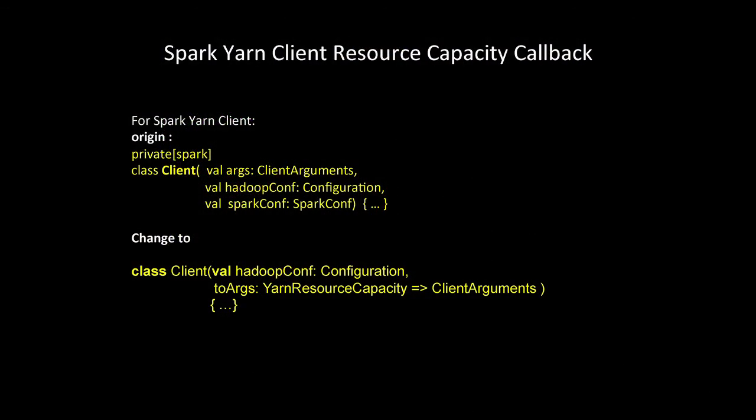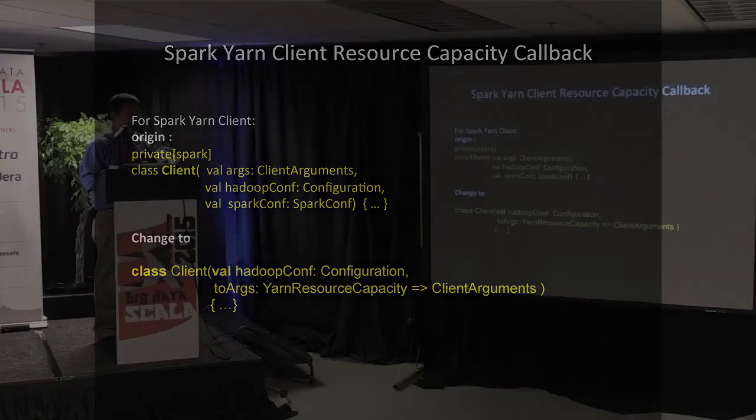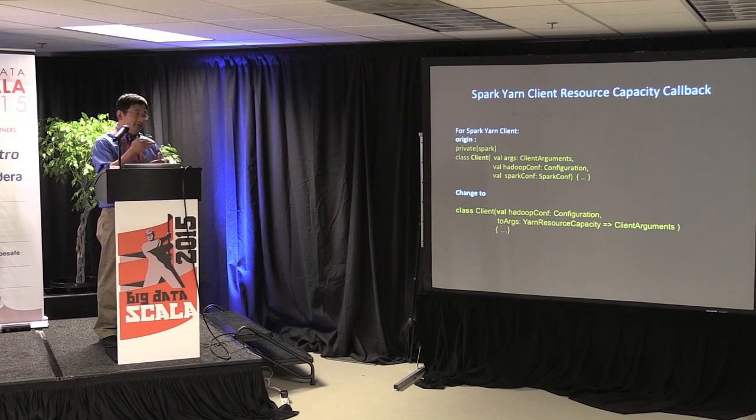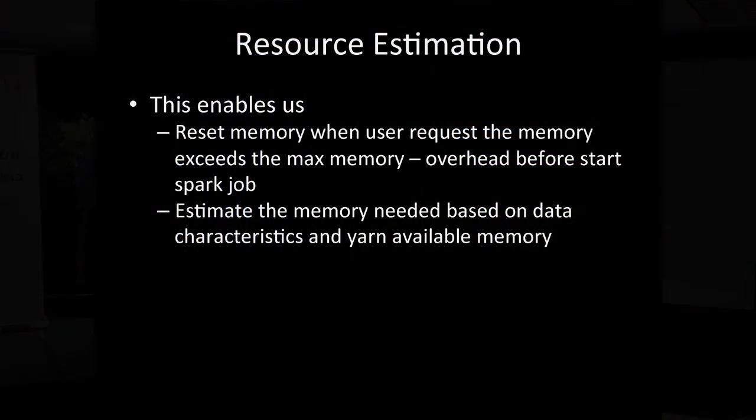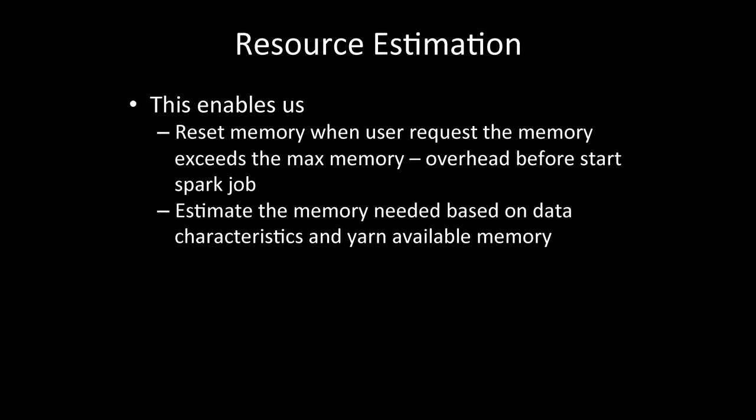So what we did is modify the Yarn client's APIs to pass in a function. This function, which we call Yarn resource capacity, contains the memory the containers have and the number of cores the containers have. This function is called from Yarn before the job starts. This provides us two things. First, we are allowed to reset the memory if the user asks for too much.